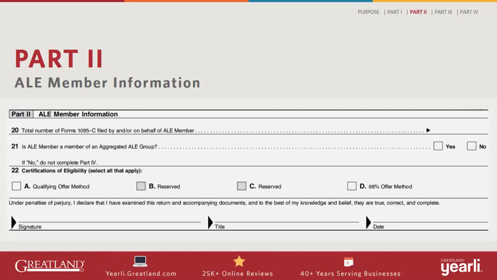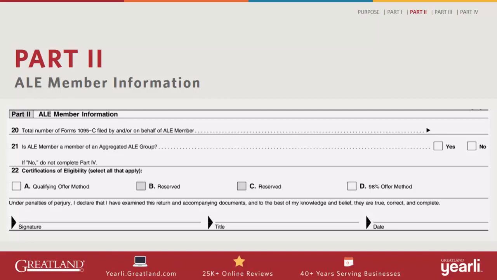In this case, 50 would be entered on line 18 on the non-authoritative transmittal for the first batch, and 75 would be entered on line 18 on the authoritative 1094-C, in addition to entering 125 on line 20 on the authoritative transmittal, because the total of the 2 batches equals 125 1095-C forms.